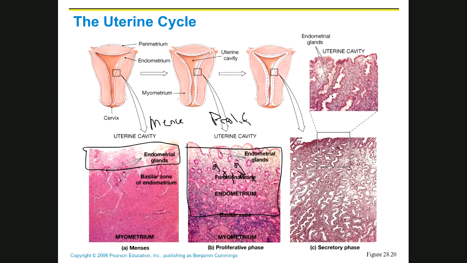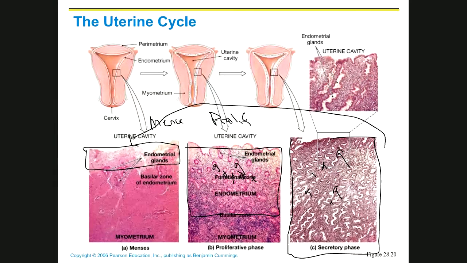And then this one, it's down here somewhere. It's not even on the picture how big it is. And look at the glands in here now. Huge glands that are growing and secreting like crazy. And then that's going to happen. It's going to slough off again. And then we go to this again and go to this again. And then it's going to slough off again.